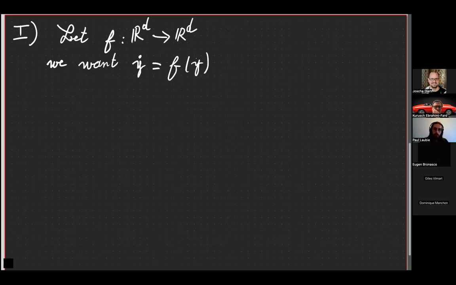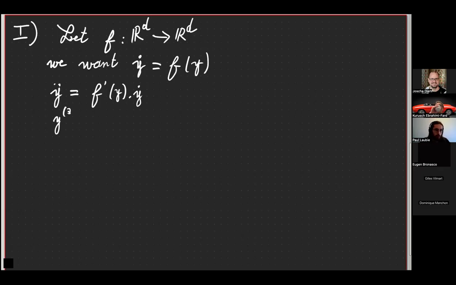Now, where does the B-series come from? Something quite natural to compute would be the second derivative of y. So the second derivative of y will be this, where f prime is the Jacobian of f, and I apply the Jacobian on y dot.